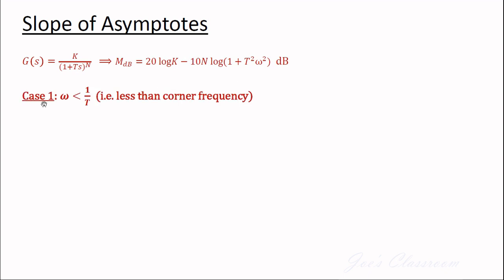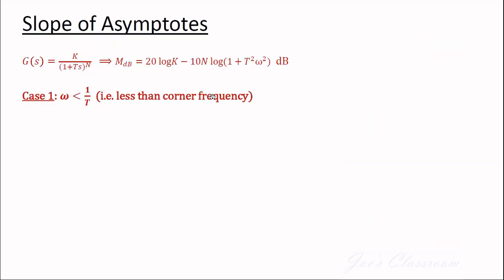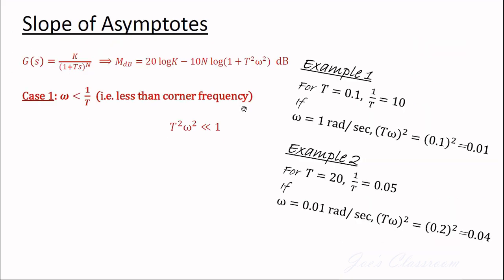Let us take a case of frequency lesser than 1 by T. When I say 1 by T, it means that it is a corner frequency, which we already understood. I'm just going to consider all the frequencies lesser than this corner frequency. In that case, you can see that T square omega square is going to be far, far lesser than 1. I have illustrated with some examples.